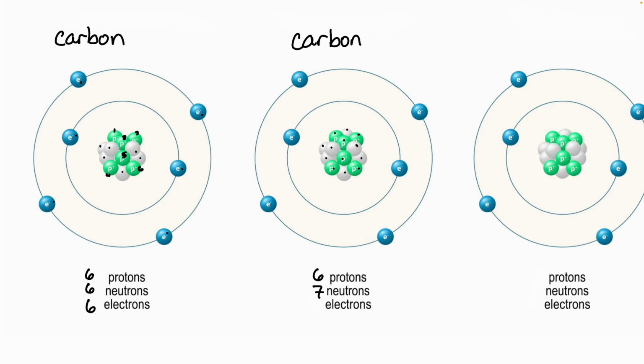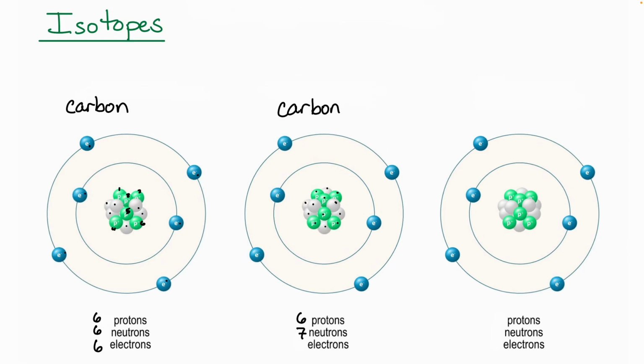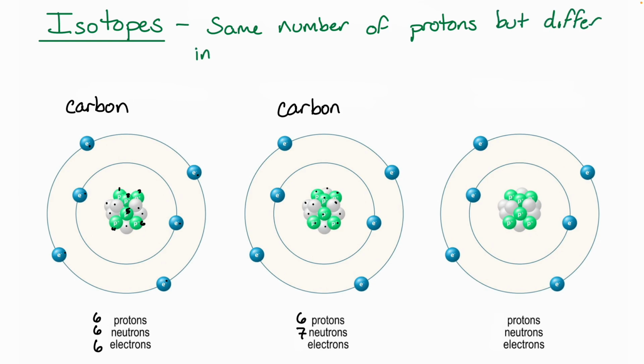But they differ in the number of neutrons. This is what we would call a pair of isotopes. So isotopes have the same number of protons, same element, but they differ in the number of neutrons.